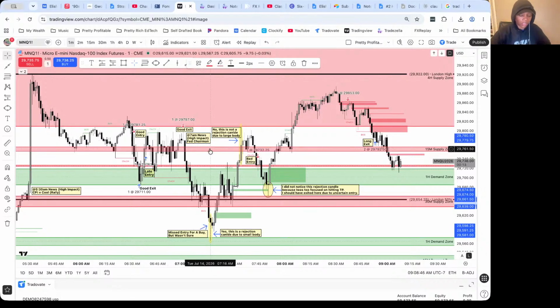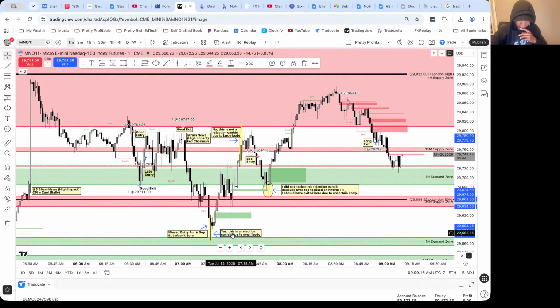I wasn't sure how long to wait once this news hit before entering the trade, because I could have just said, yeah, this is my trade, I'm done for the day. But when I saw this happen, I was stuck on this. Dang, I missed this entry, but I was unsure about it. So it was like an up and down.